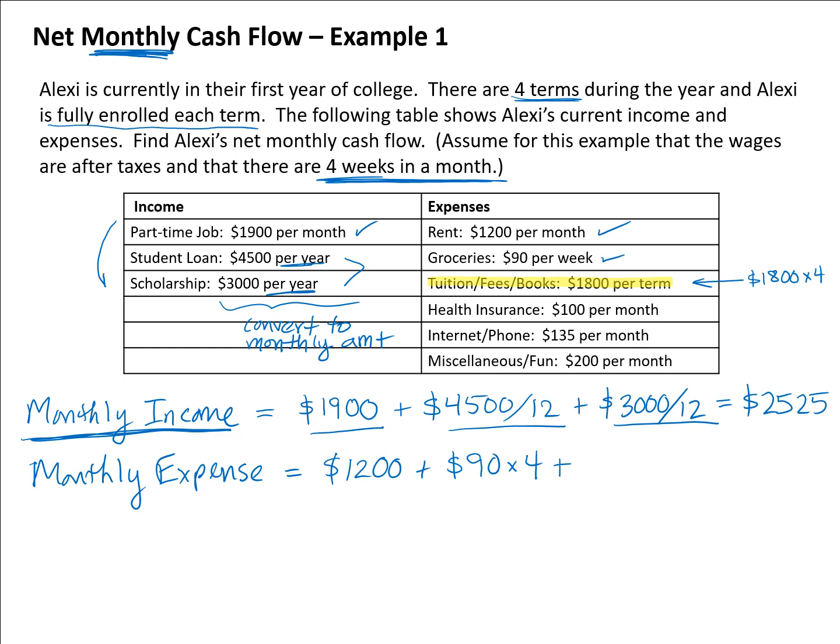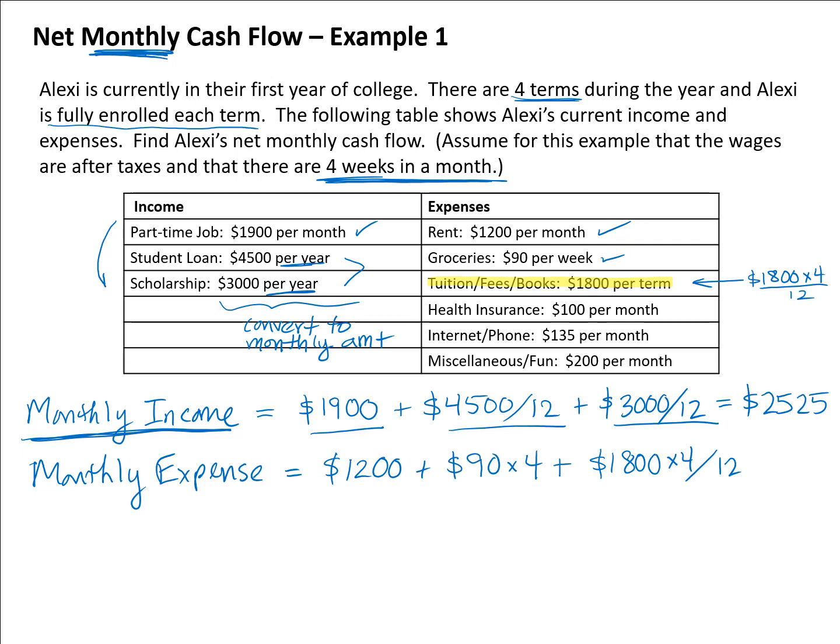In terms of the entire year, it's $1,800 times 4, and then we need to take it back to a monthly amount. So when I think about tuition, fees, and books, I need to think about $1,800 times 4 divided by 12.